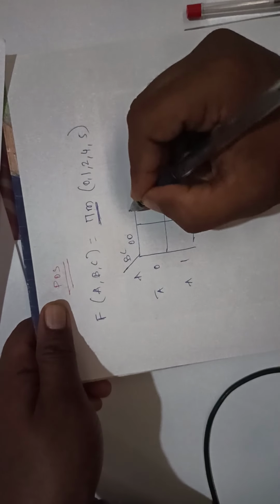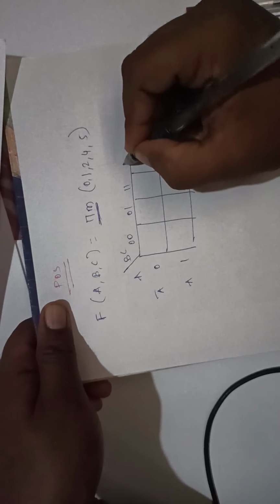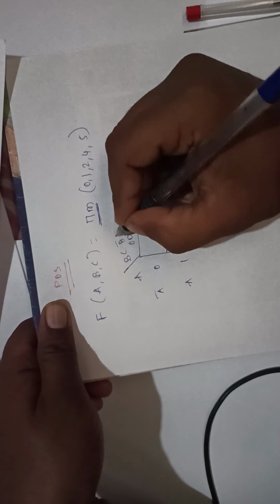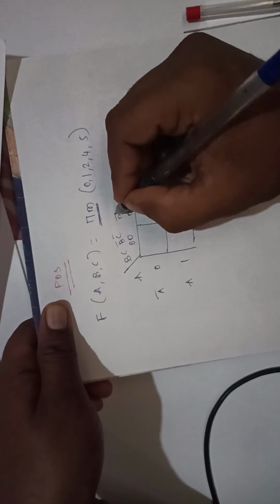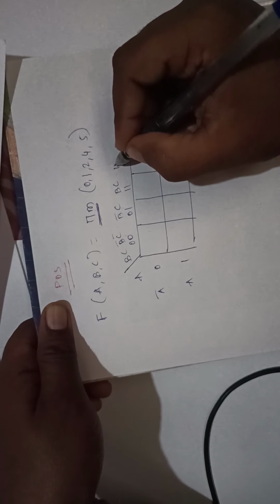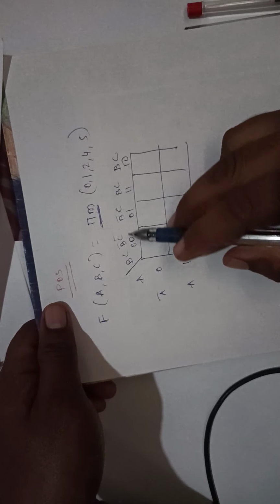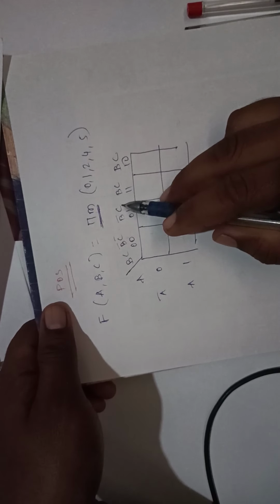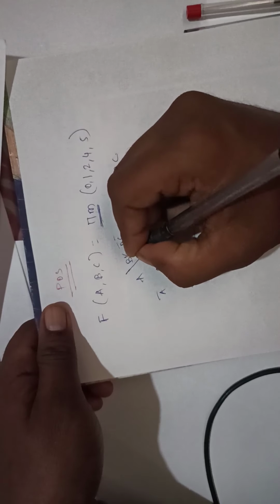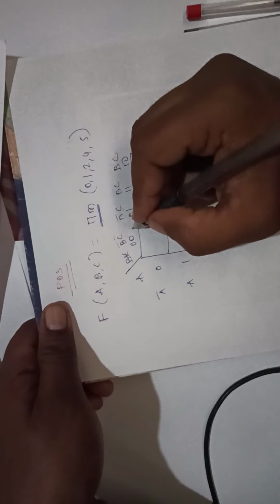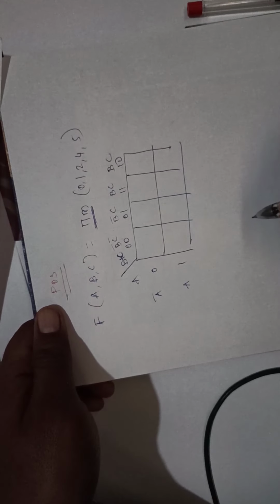Here is 00, 01, 11, 10, meaning b bar c bar, b bar c, b c, b c bar. But in POS form it becomes b plus c.